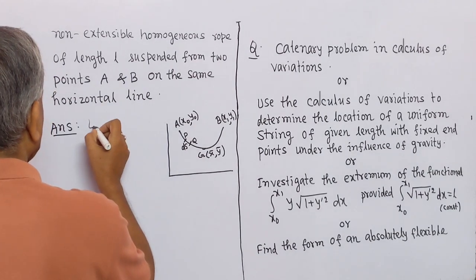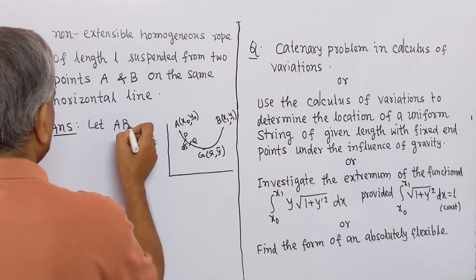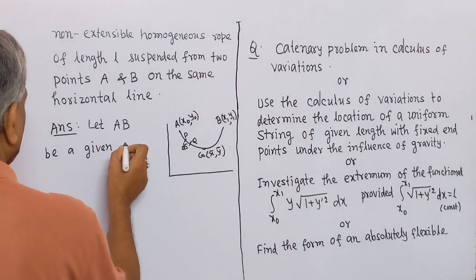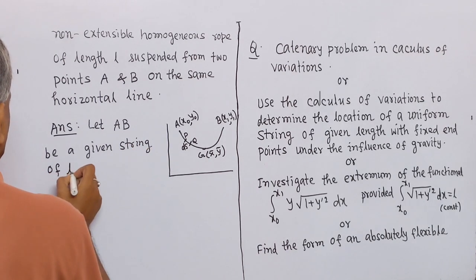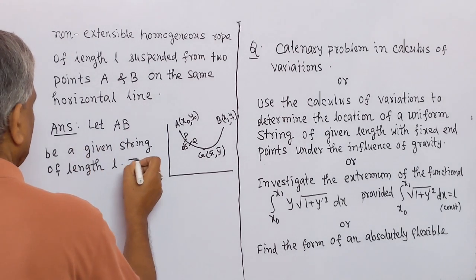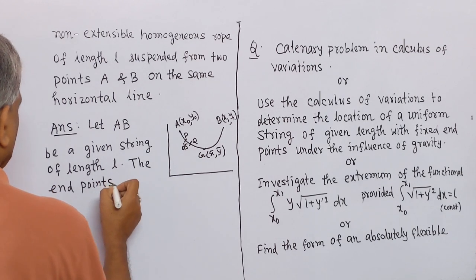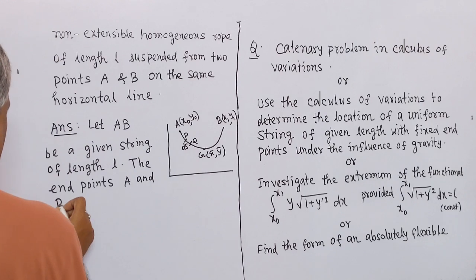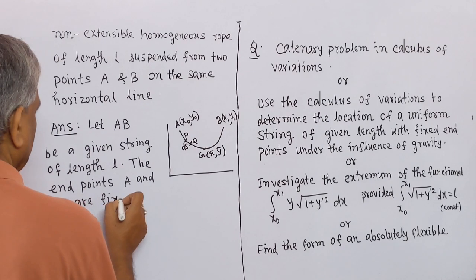Let AB be a given string of length L. The endpoints A and B are fixed.